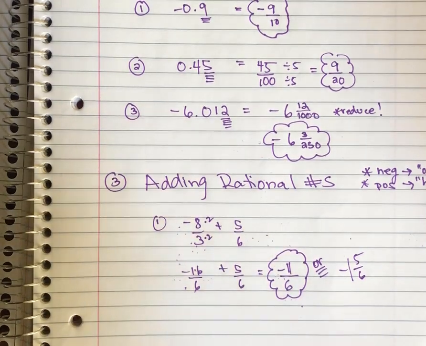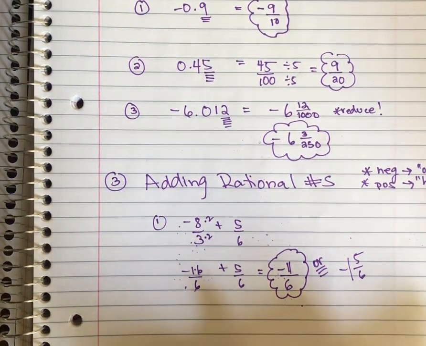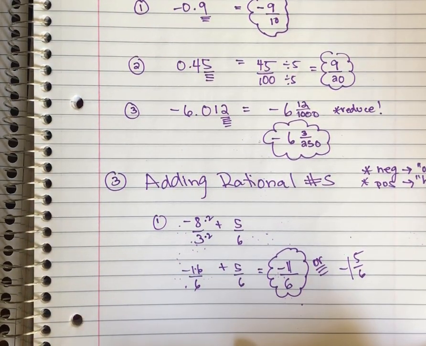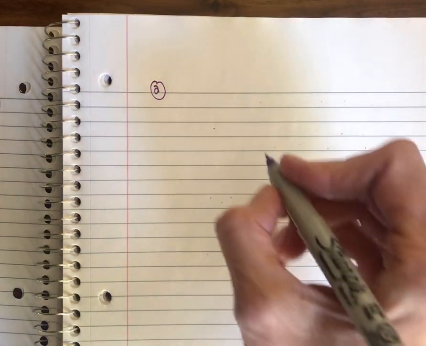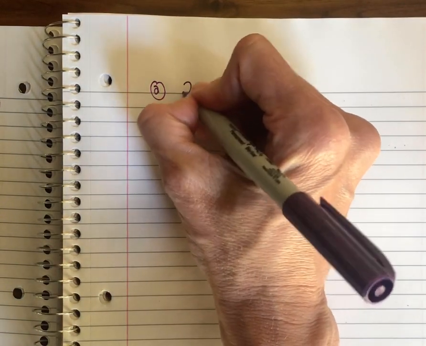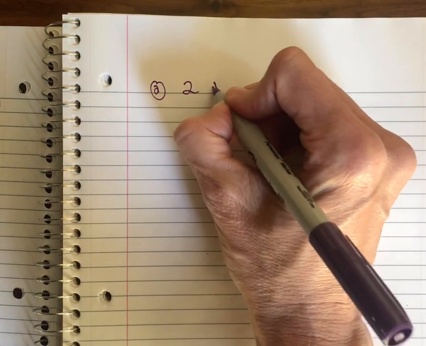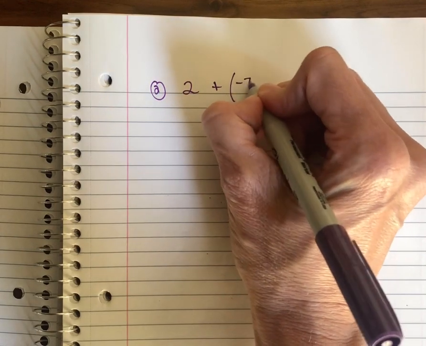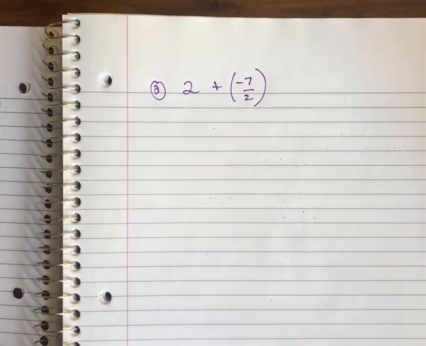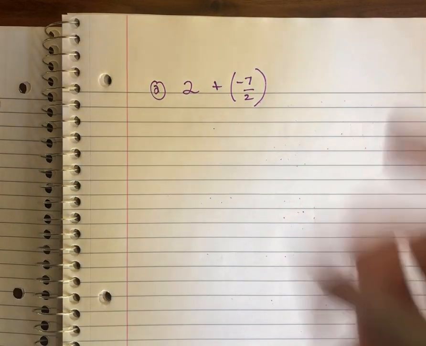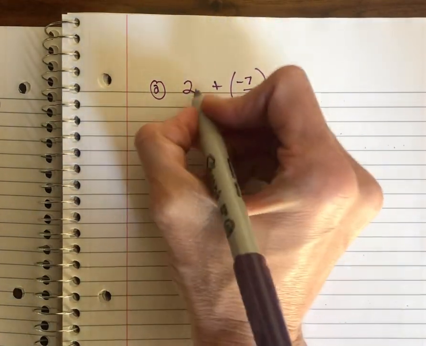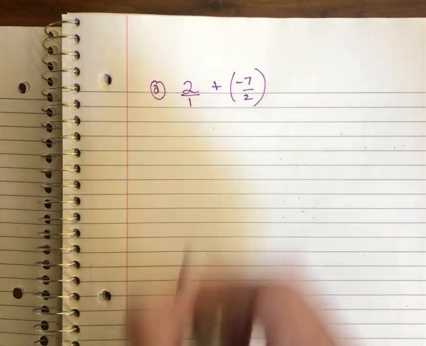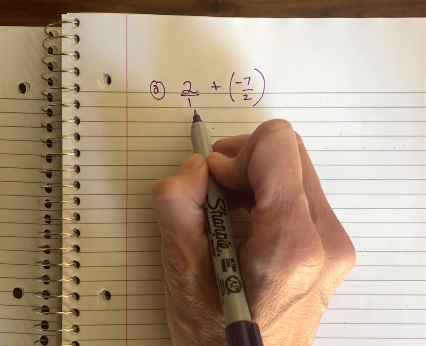Okay, let's take a look at maybe 2 more. Well, maybe 3, we'll see. Okay, number 2. Let's do 2, a whole number, plus -7/2. Okay, so there's a couple ways to tackle this problem, but you may just want to start by writing 2 as a fraction, 2/1.